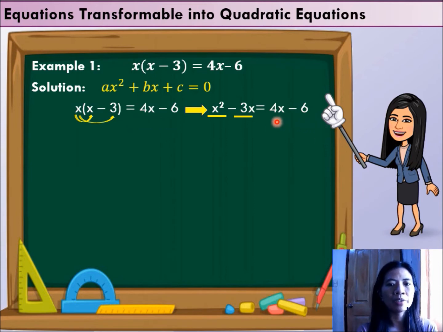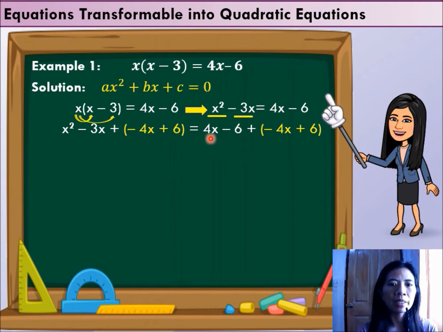We will just copy the right side of your equation. Remember, the right side of your equation should be equal to 0, so we will get the additive inverse of 4x minus 6 in order that this will become 0.